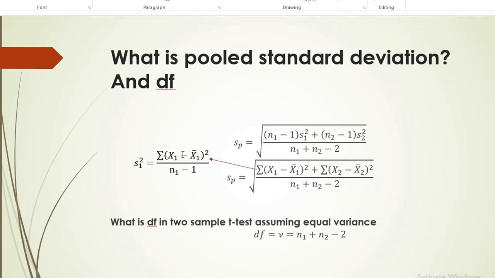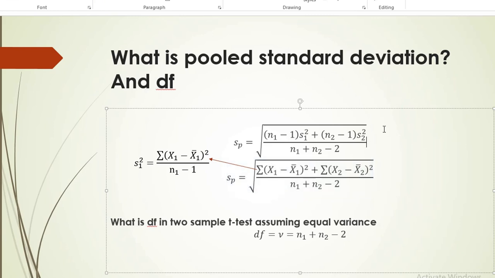S1 square is equal to the summation of deviations, x minus x bar whole square, divided by n minus 1. Ignore the 1, it just indicates the first sample and 2 indicates the second sample. Just remember, this is the formula for the unbiased sample variance. N minus 1 is its degrees of freedom. So if you are given the sum of squares of deviations, then you have to use this formula to calculate your pooled standard deviation.